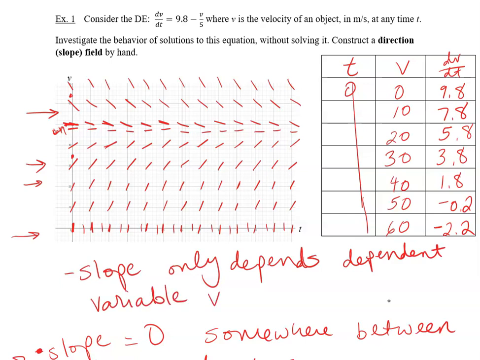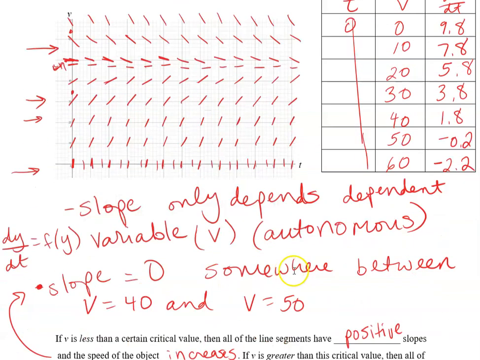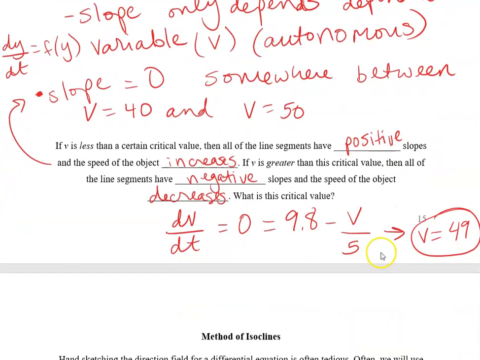That was v, by the way. It's called an autonomous differential equation. Autonomous. So in other words, if you have an equation that's in the form dy/dx, or dy/dt, is equal to f of y, so some function of the dependent variable. And that's what we had here. And we'll talk more about that later in the course. I just want to throw that term out there at this point.